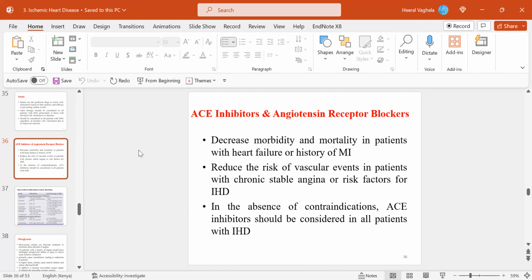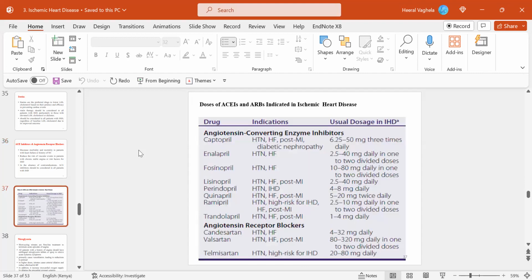And what they do is they basically reduce the risk of vascular events that are associated with chronic stable angina or ischemic heart disease. So the ACE inhibitors, like we said before, captopril and enalapril, and ARBs like valsartan, candesartan, telmisartan. So that's it for ischemic heart disease.